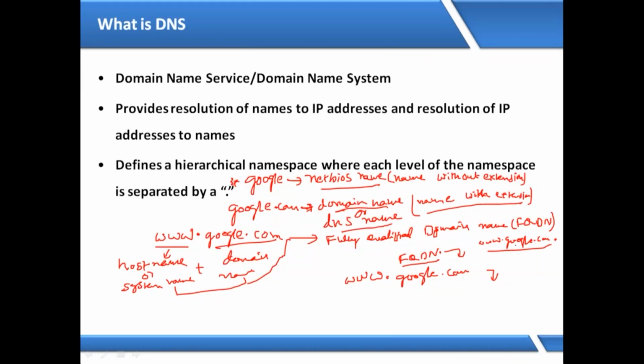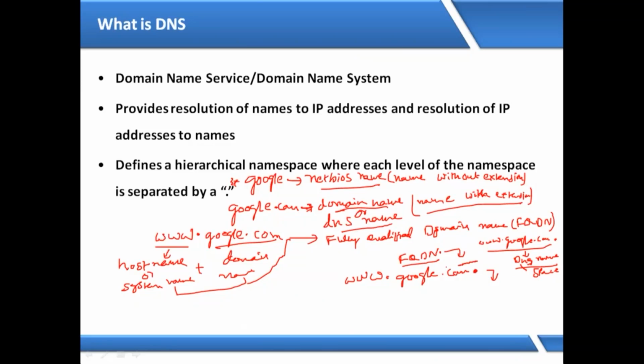Now what happens? This name will be changed into a DNS name, a fully qualified domain name ending with a dot. It is called the DNS namespace. Once you press enter, one dot will be added; we don't have to write it.